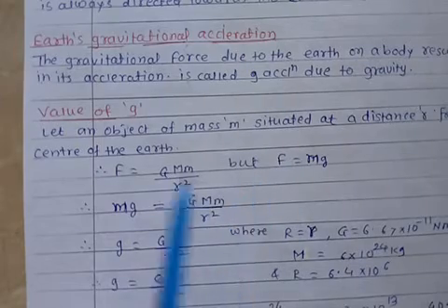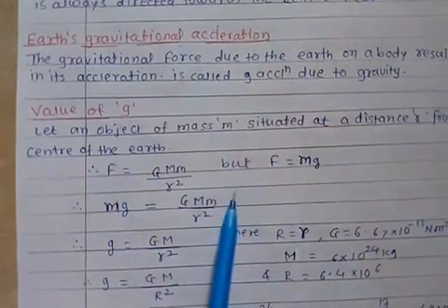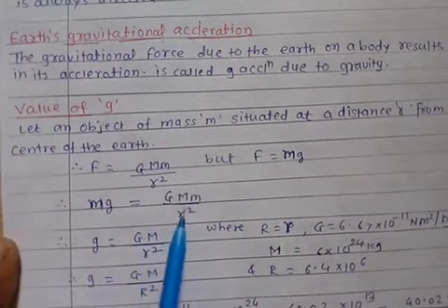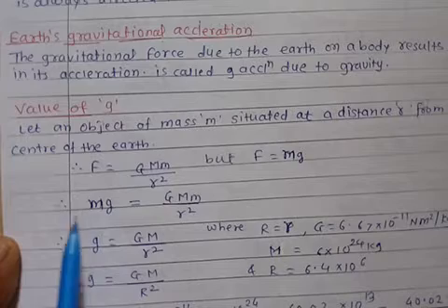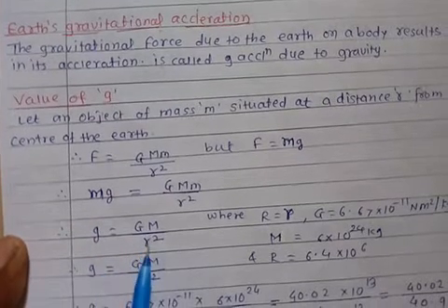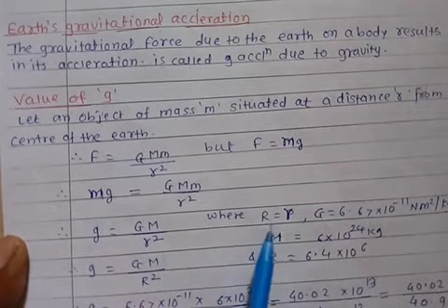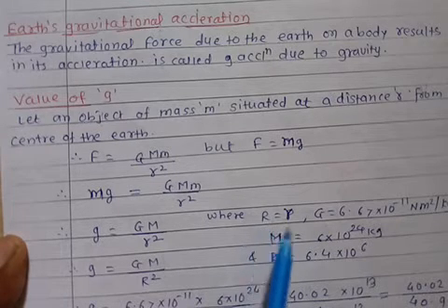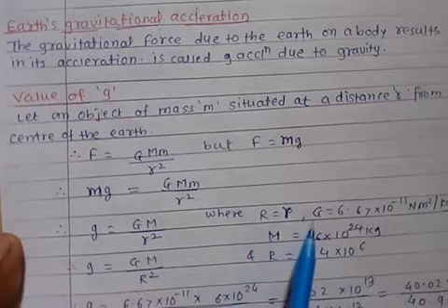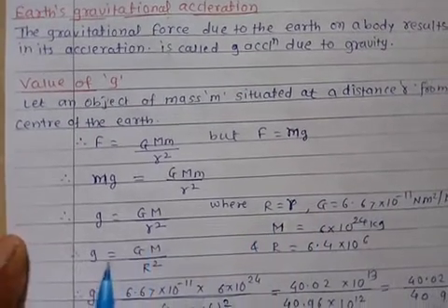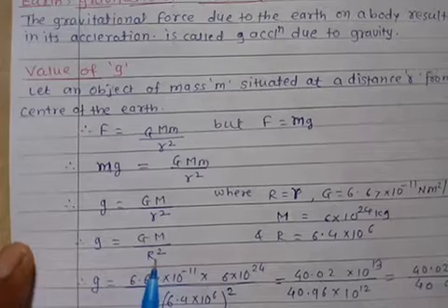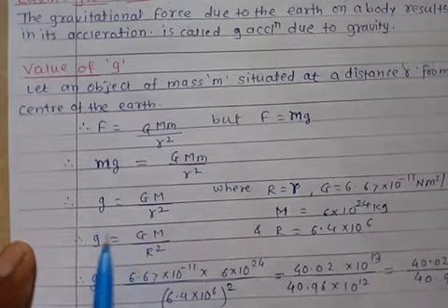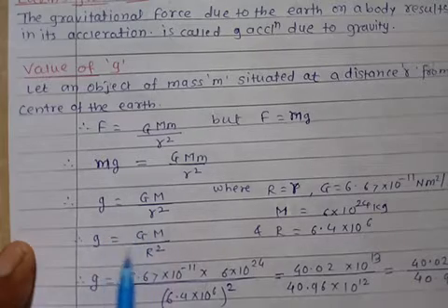Here F is the same, so the RHS must be equal: mg equal to GMm by R square. m gets cancelled, therefore g equal to GM by R square. Suppose the object is on the surface, so R equals the radius of the earth, and putting that here, g equal to GM by capital R square. It is the formula for finding the acceleration due to gravity g.